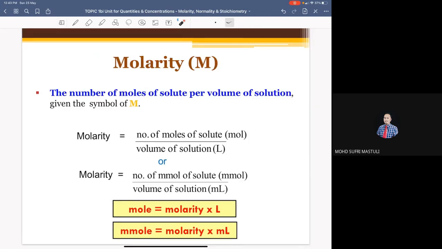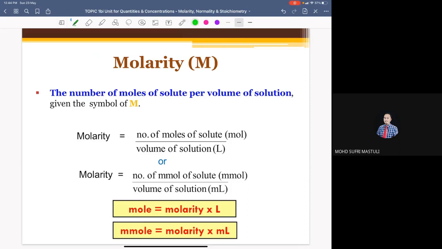Molarity. This is one way to present the unit of concentration of a solution, the symbol being capital M. Molarity is the number of moles of solute per volume of solution. So this is the formula you can use to calculate the molarity: moles of solute over volume of solution.